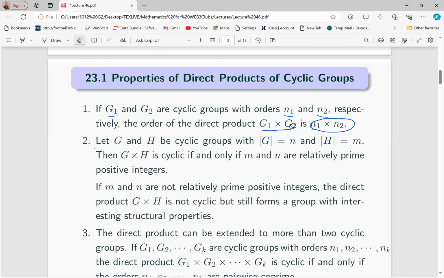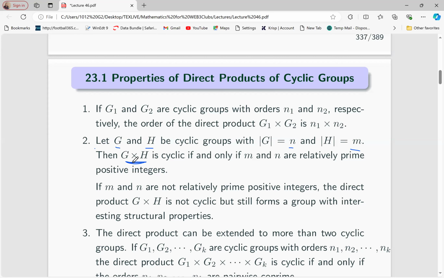The first time we looked at direct product, we must have seen that. Now, the second property is that, supposing I have group G and group H, and both of them are cyclic, with the order of G being N and the order of H being M, then it is not obvious that this direct product will be cyclic, although the groups coming in are both cyclic.